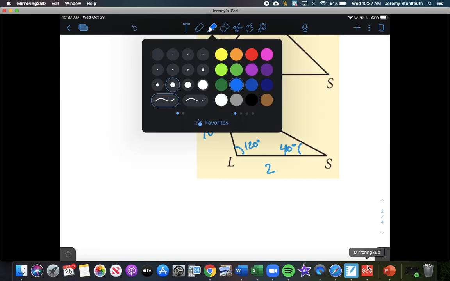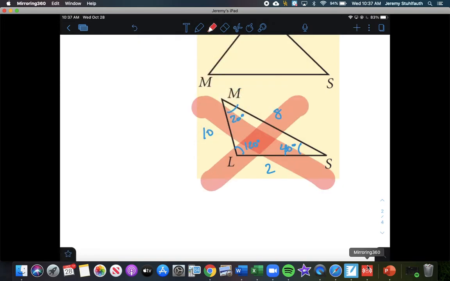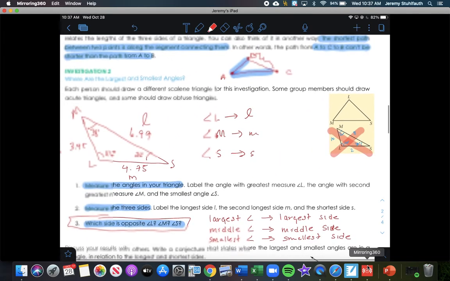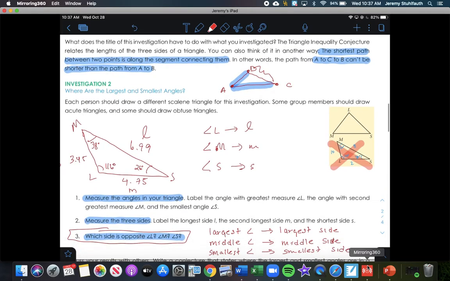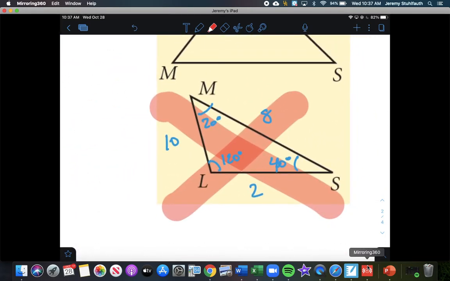It is not possible because we know from the triangle inequality conjecture, or the side angle inequality conjecture, we know that the longest side has to be across from the biggest angle. And in this case, the longest side is 10, and it's not across from the largest angle. So this triangle is not an actual triangle. It's not possible. There's something wrong with that drawing.